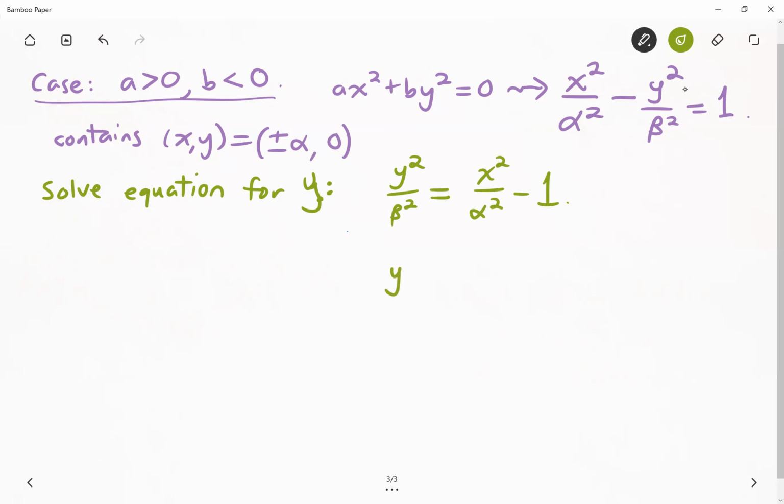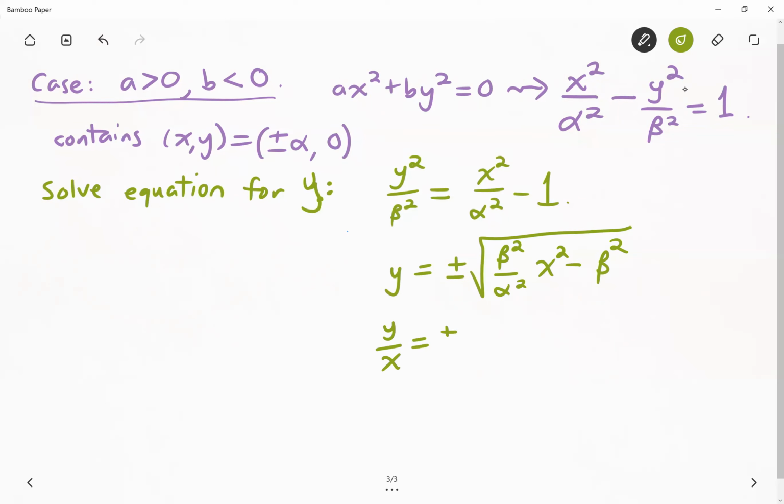So I'll do a few algebraic steps here. Solving for y, I'll get y equals plus or minus the square root of beta squared divided by alpha squared x squared minus beta squared. Now this may seem a little bit unintuitive. What happens if I try to calculate y divided by x?